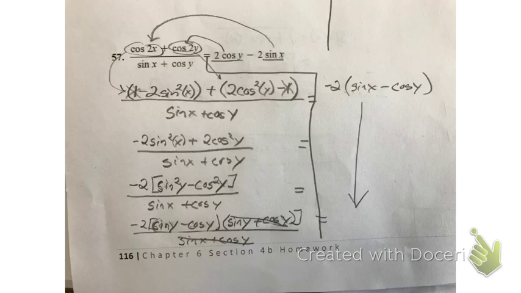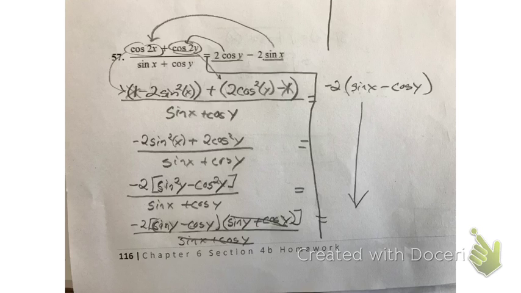And once you do that, you'll see that you have a positive one, a negative one. Those will cancel out. And you'll be left with negative 2 sine squared x plus 2 cosine squared x. You pull a 2 out of the top. And now you have a difference of squares, and it will cancel out from there. Okay? Yeah.